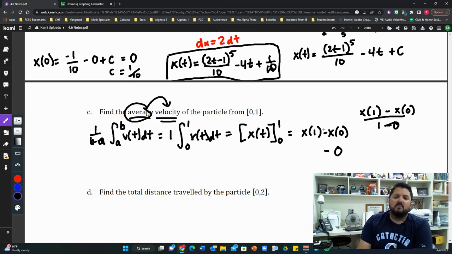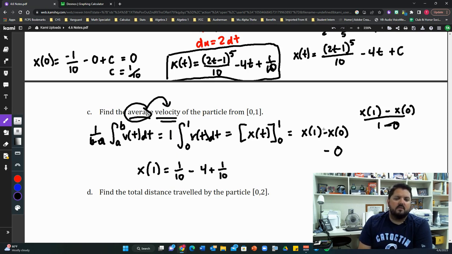So all we really have to do is take 1 and substitute it into our new position function. Let's do that real quick. So x of 1 would give me 2 times 1 is 2, minus 1 is 1. 1 to the 5th power is 1, so I get 1/10, minus 4 times 1 is 4, plus 1/10.